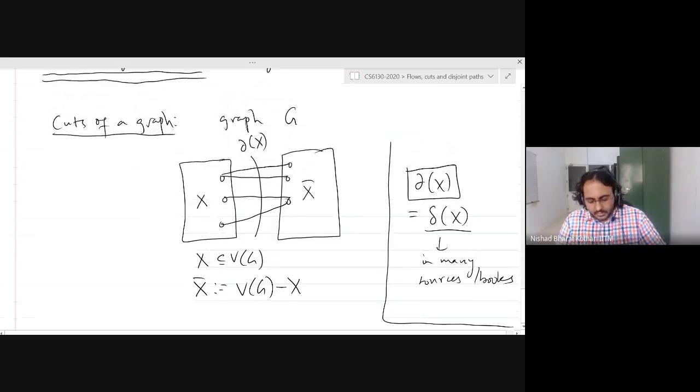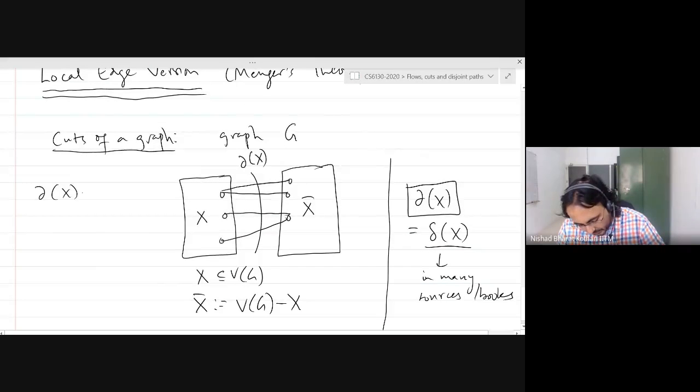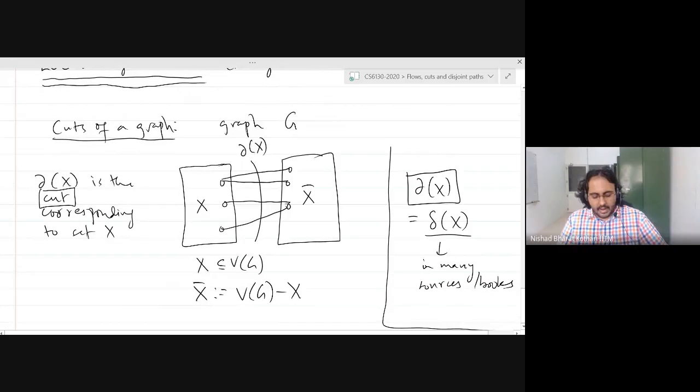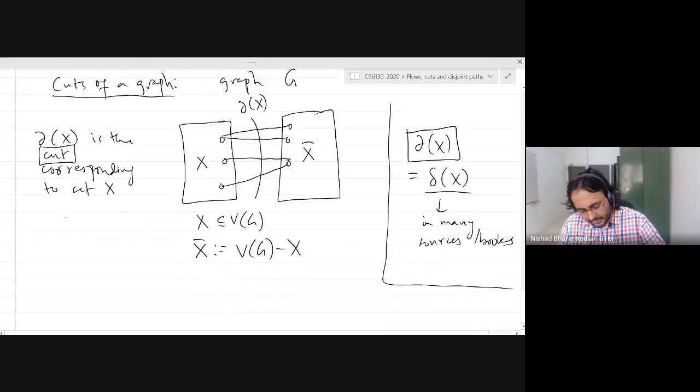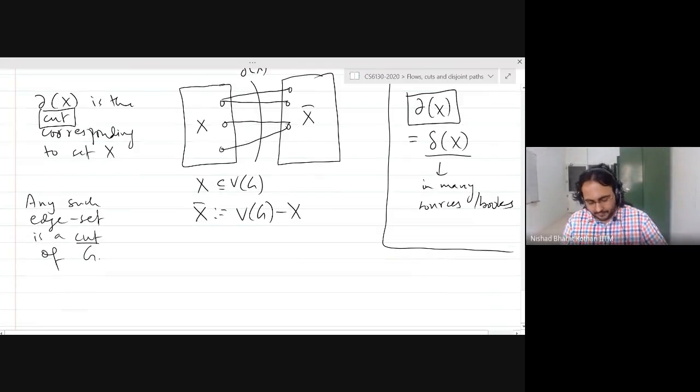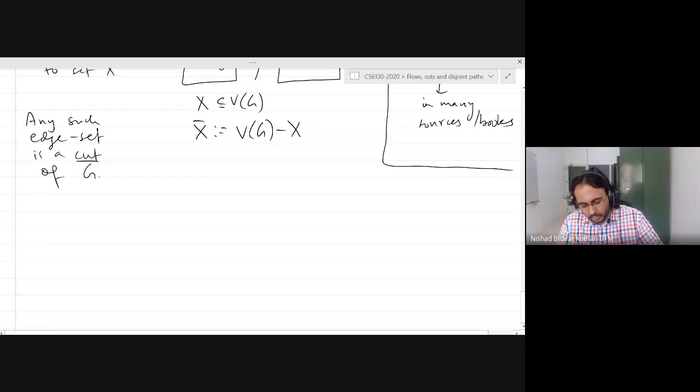This is called the cut of a graph, the cut corresponding to set X. And any such edge set is a cut of the graph G. So if I give you any set of edges F, such that F can be written as partial of X for some subset of the vertices, then such a set of edges is called a cut of the graph. I want to do some quick examples.